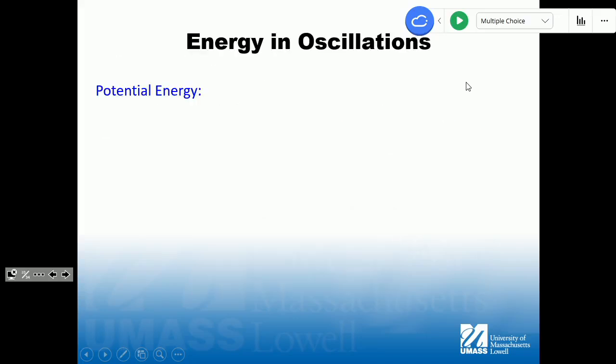Now let's get to energy. So, like gravitational potential energy, when you stretch or compress a spring, you store energy in that stretched or compressed spring. That is an energy stored in the system, in the configuration, because a stretched or compressed spring has the ability to do work.